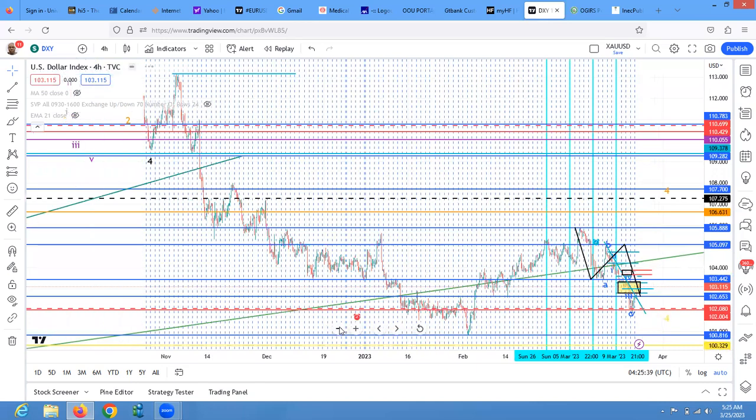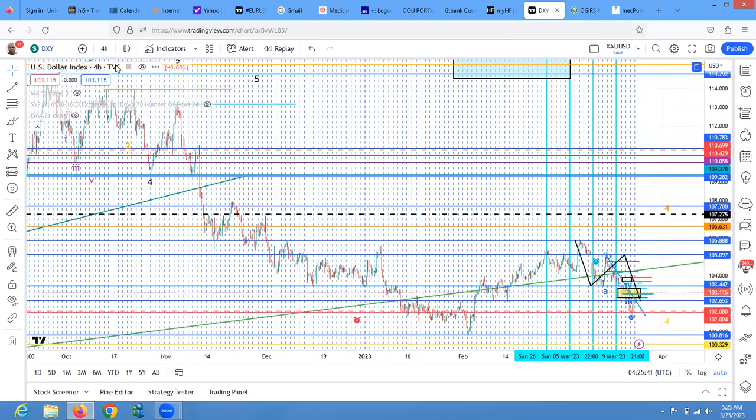Now, this was the height and the price corrected. So this is what we call A in the red.